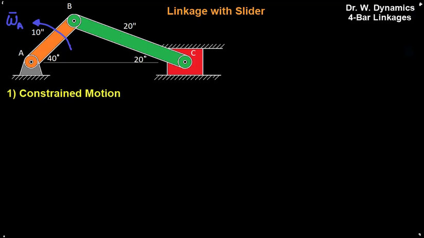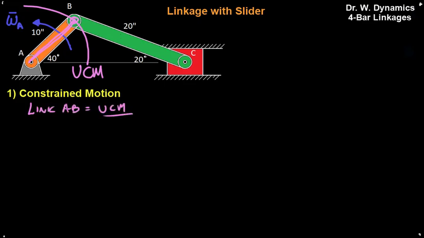And for this system, we have two forms of constrained motion. Point B is connected by a rigid link, and it's forced to move in uniform circular motion. So for constrained motion, we can say that link AB is undergoing uniform circular motion.